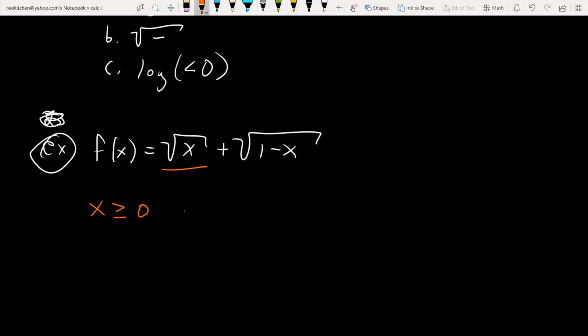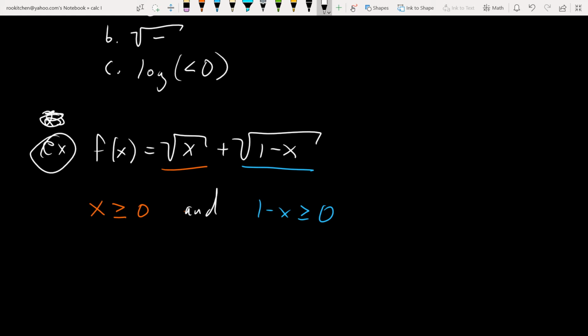But we also need to make sure that 1 minus x is greater than or equal to 0. And what we'll need is the intersection of those two intervals.